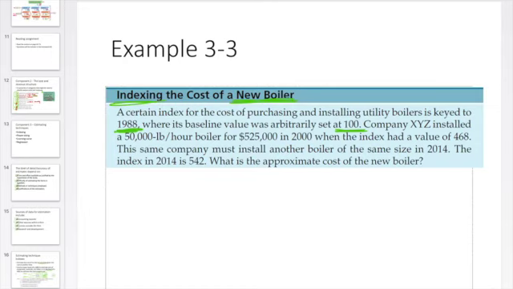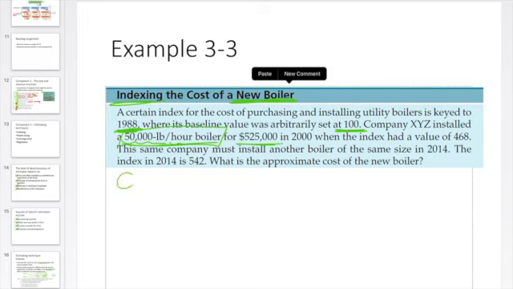And company XYZ installed a 50,000 pound per hour boiler. So this is a model of that boiler. And for what price? For 525,000 in year 2000.